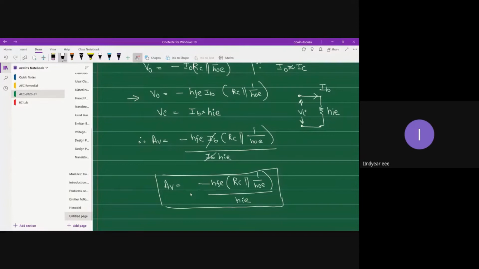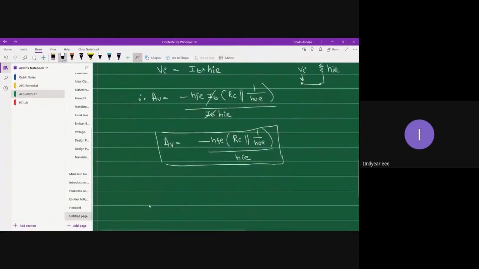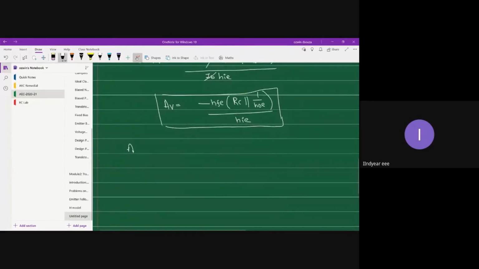And finally you have the current gain expression. In the current gain expression, you can write AI is equal to I0 by II. We know that I0 is equal to negative V0 divided by Z0, and similarly II is equal to VI by, let's say, Zi.